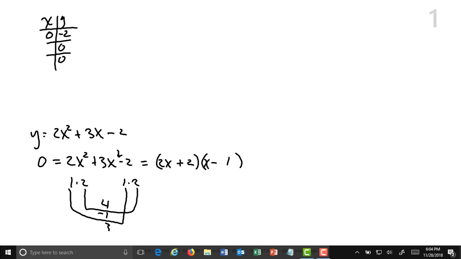And then this is going to be a minus 2x. And this is going to be a plus 2x. That didn't work either. So let's change the order.